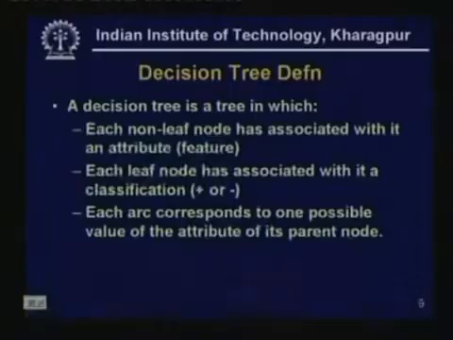Each arc in the decision tree corresponds to one possible value of the attribute of its parent node. So, a decision tree is defined in terms of its components, the internal nodes, the leaves and the branches. The leaves are the classes, the internal nodes are the decision nodes where an attribute value is checked. The branches coming out of a decision node correspond to the different values that the attribute can take.